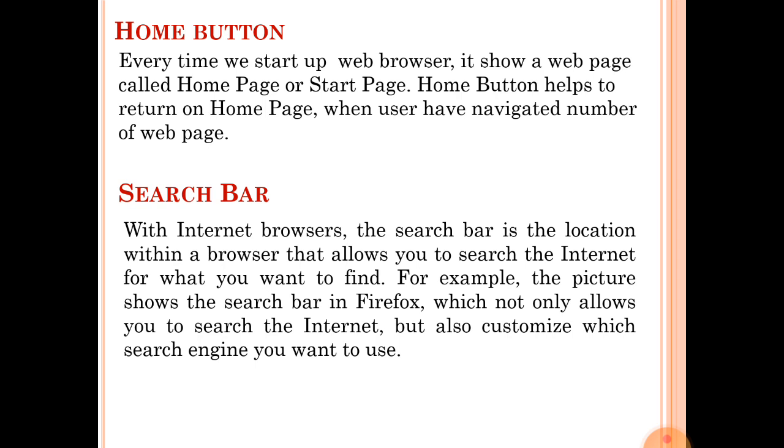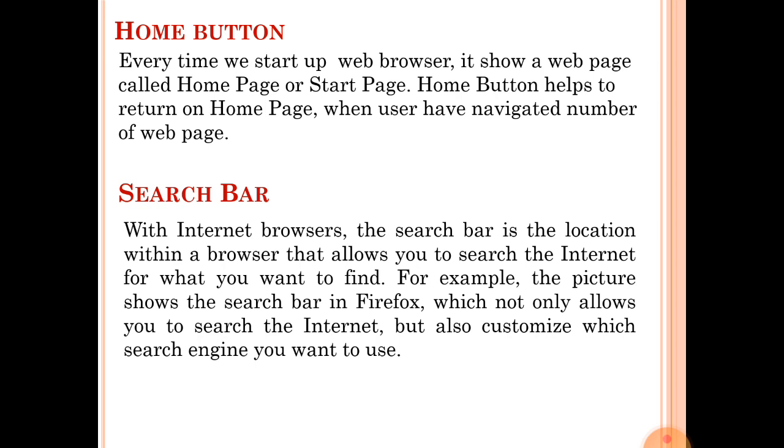Search bar. Mostly all browsers provide a search bar to search for a particular web page or website, and different browsers' search bars are linked with different search engines. Some browsers support Google, some support Bing, some support Yahoo.